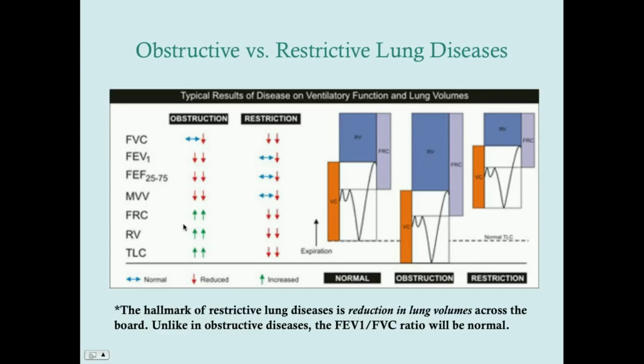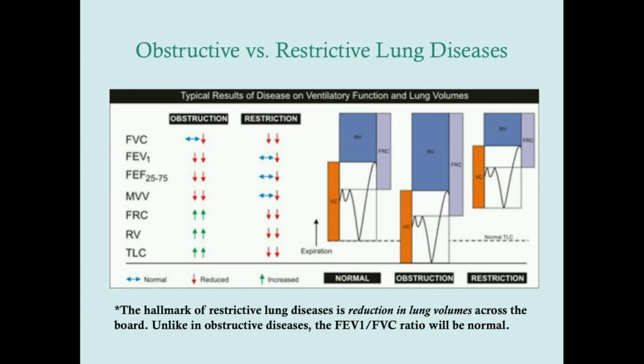So FEV1 to FVC ratio in restrictive disease is usually normal, around 80%. However, it can be abnormally high. It can be over 100%. Why? Because the FVC is low. When we do our FEV1 to FVC ratio, because that denominator is low, that ratio is actually going to be higher. The FEV1 should not be affected.